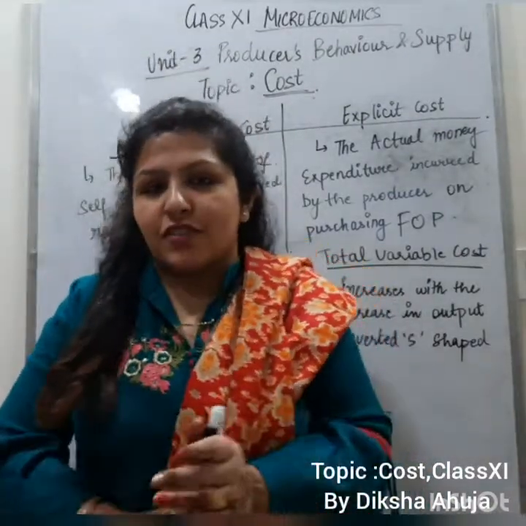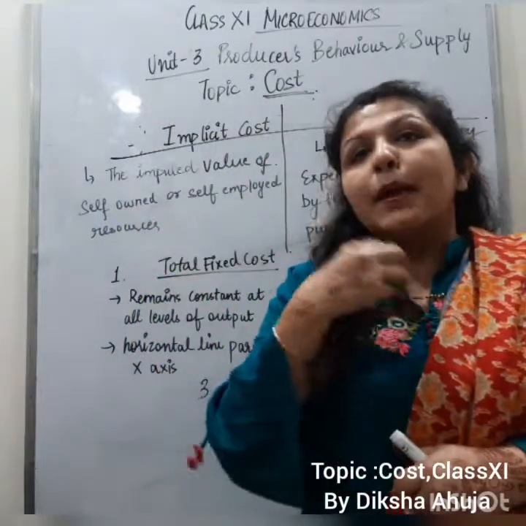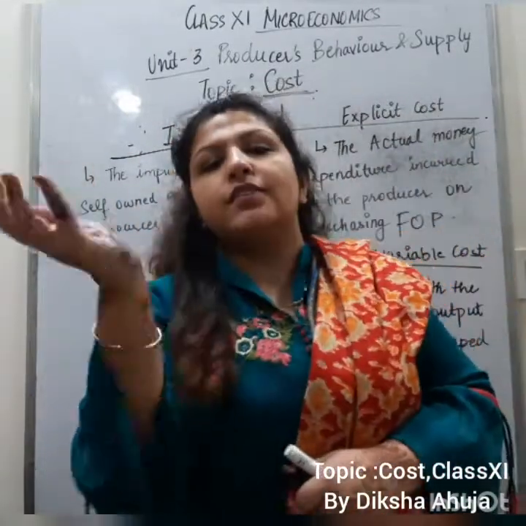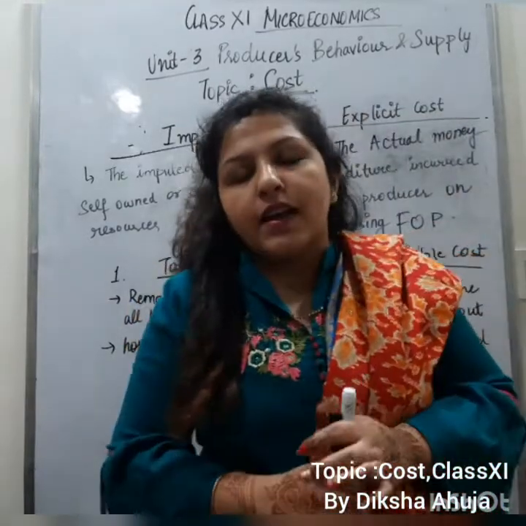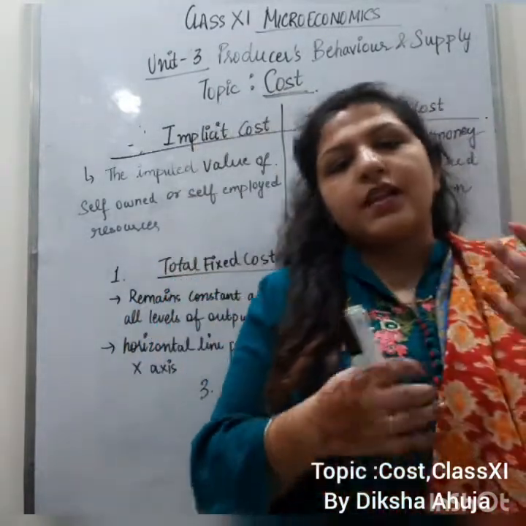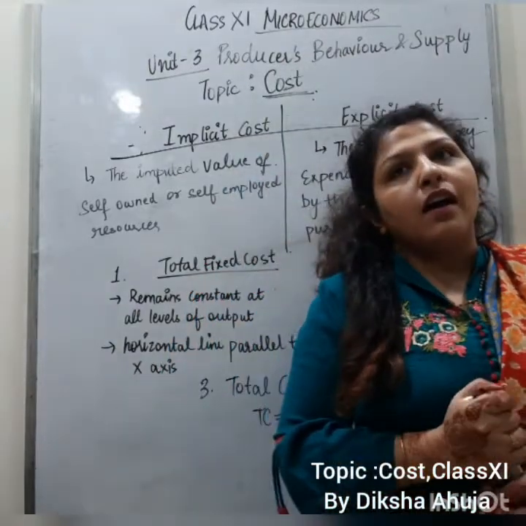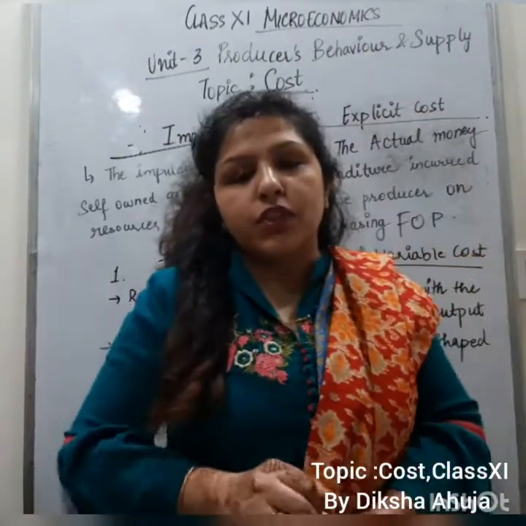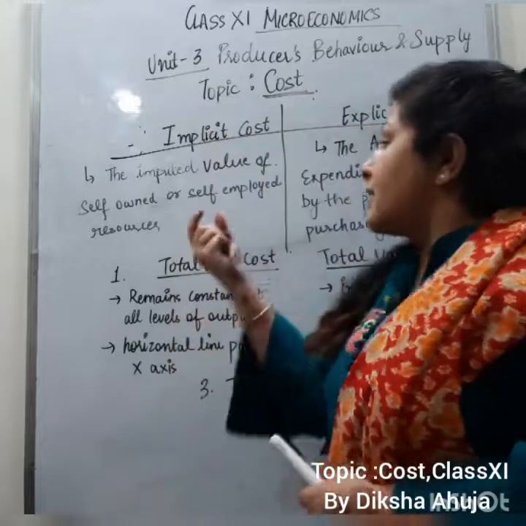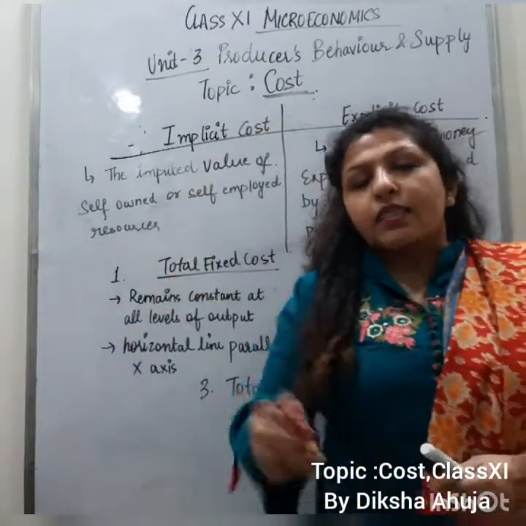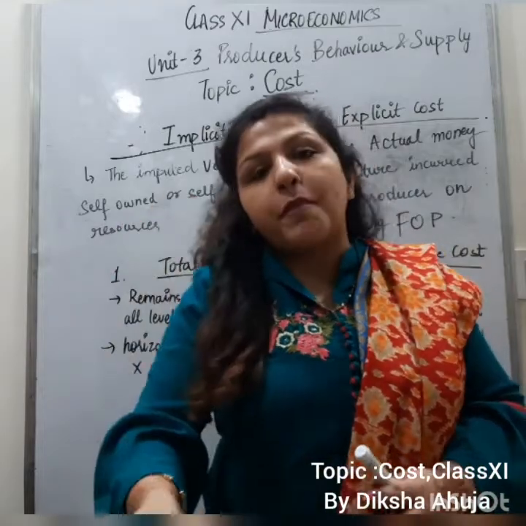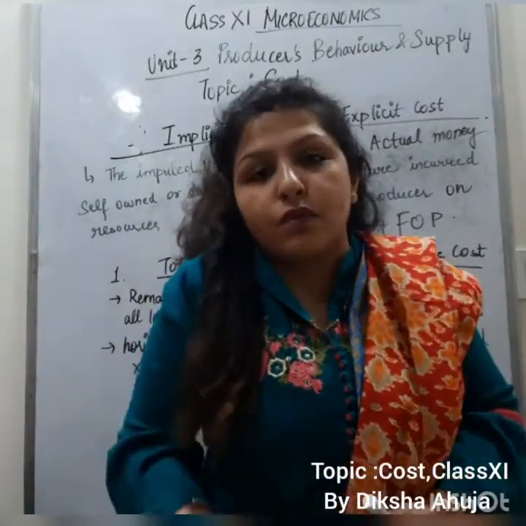So implicit cost, the word itself says implicit, that is not from external sources. Like we have got the resources from inside only. Let's say I'm having the factory, but still I'm thinking that if I did not have my own factory, how much rent I would have paid. The self-owned resource I'm having, but still I'm imputing the value that would need to be paid if I did not have that self-owned resource.